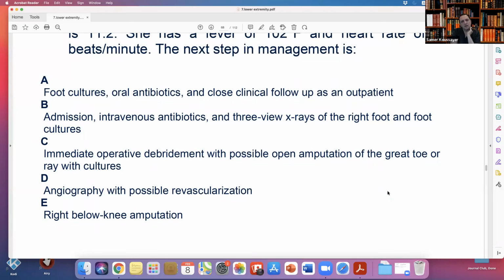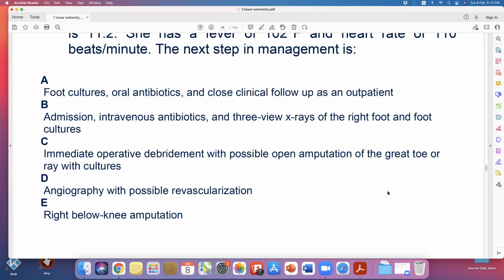It's not enough, but unless they didn't give you any other reasonable answers, I mean, it's right to get an x-ray to rule out osteomyelitis, but it's not enough. So let's see what the other options are, if you have better options. Immediate operative debridement with possible open amputation of the great toe or ray with cultures. This is accepted. That is more reasonable.